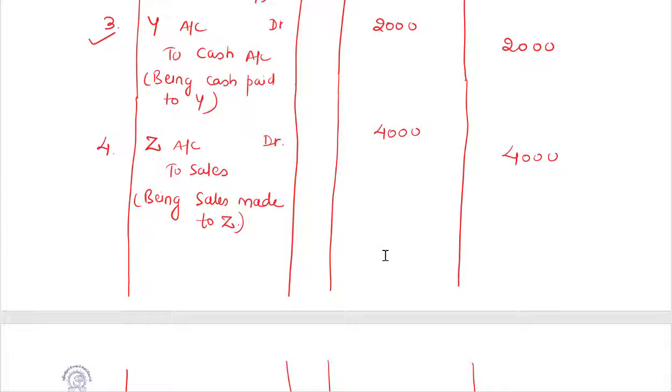Let us move ahead to the fourth journal entry, and that talks about Z account debit to sales. That means in Z's account we will write to sales on the debit side with the amount 4,000, and in sales account we will write by Z with the amount 4,000.